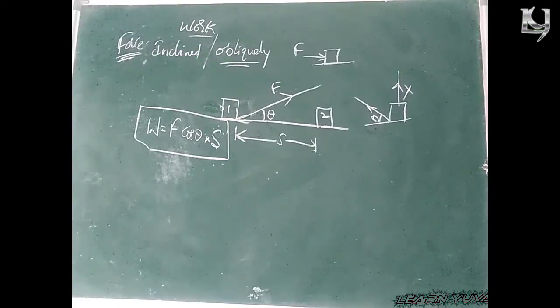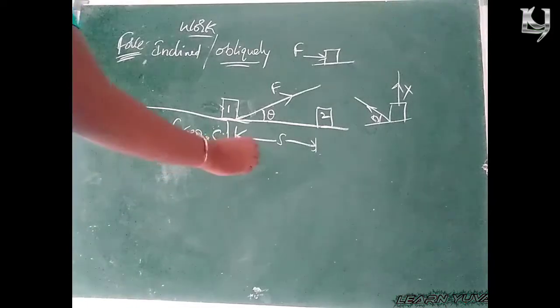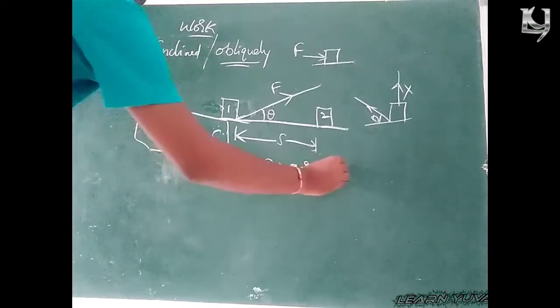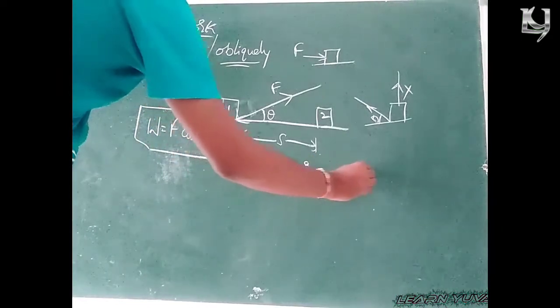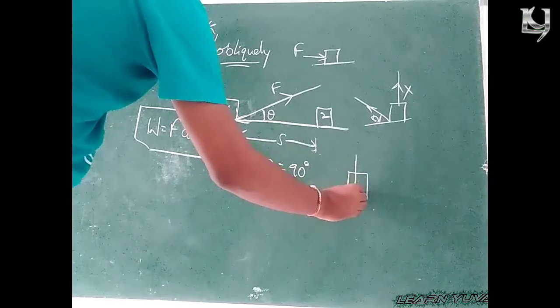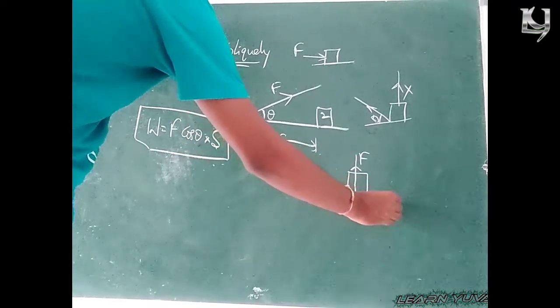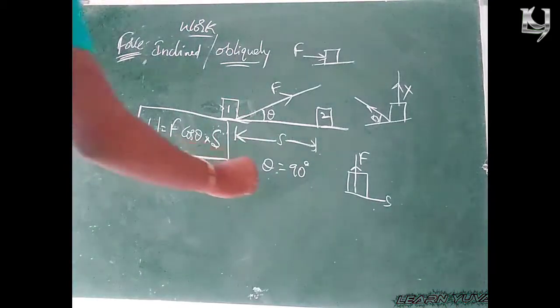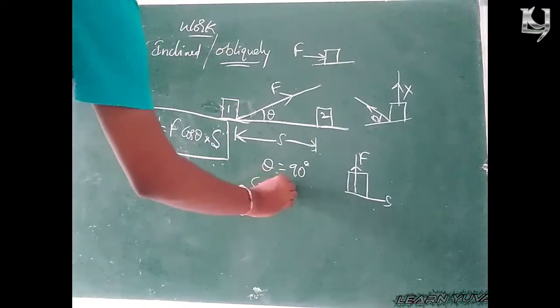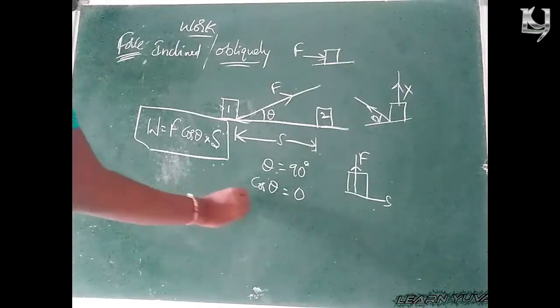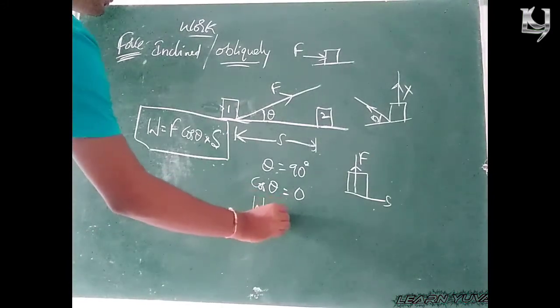Remember, if theta is 90 degrees, in the sense that the force is at 90 degrees to the displacement, then the cos theta value is 0. Theta is 90 degrees, then cos theta is 0, then the work done is 0.